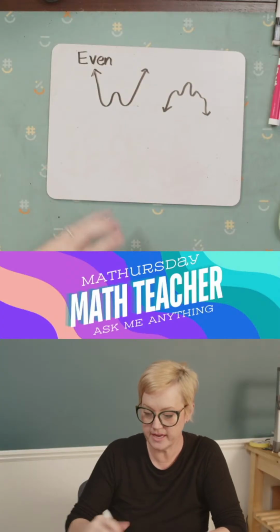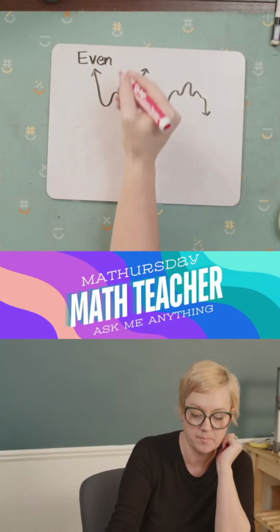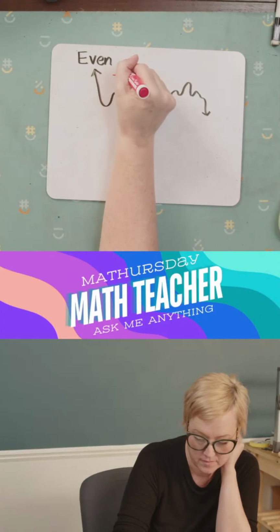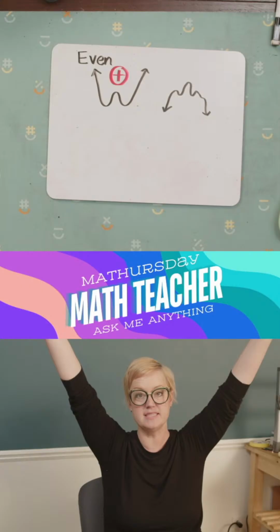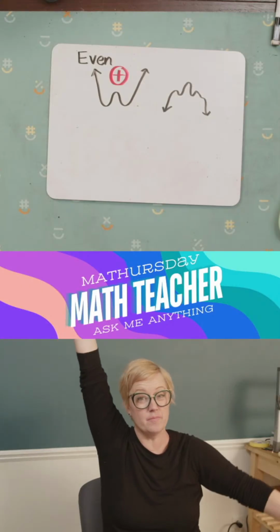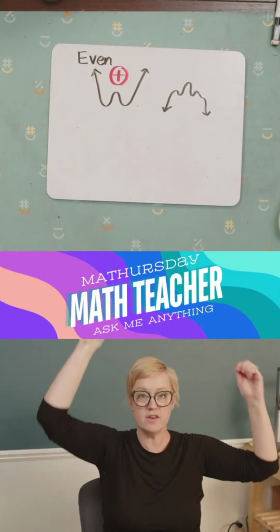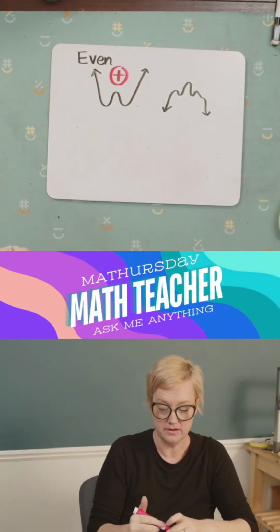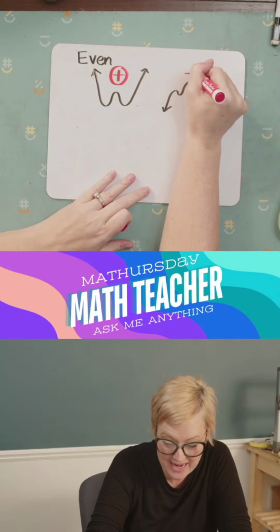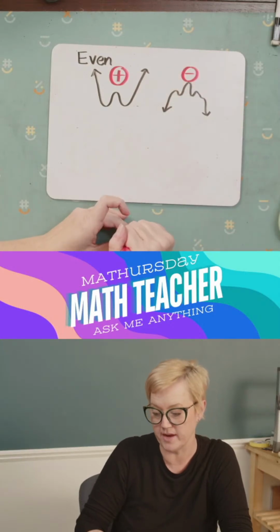Now, this is if it's even and it's positive, they're both going to go up. Even is going to be the same, odd is going to be different. So even and positive, they're both going up. Even and negative is where they're both going down.